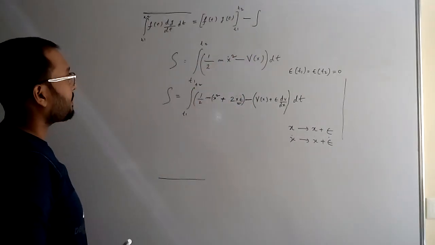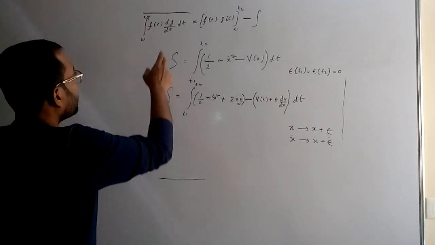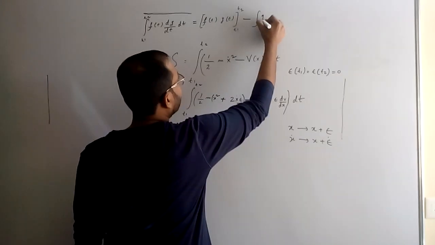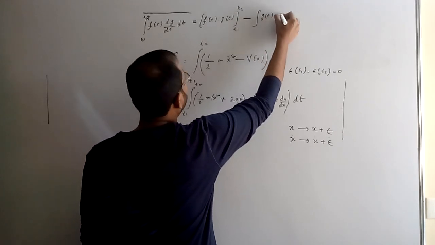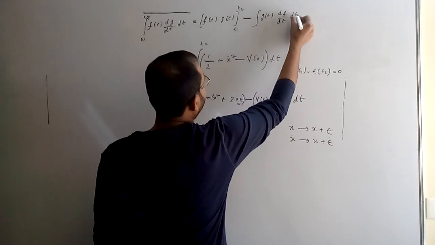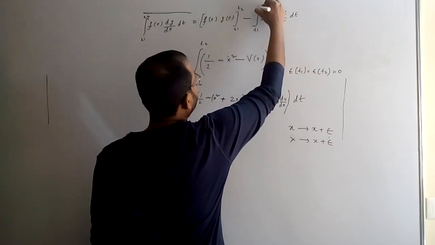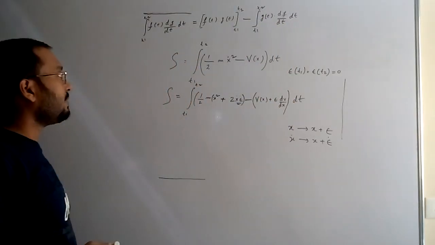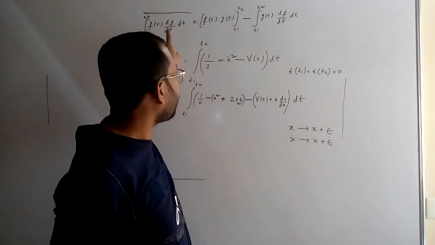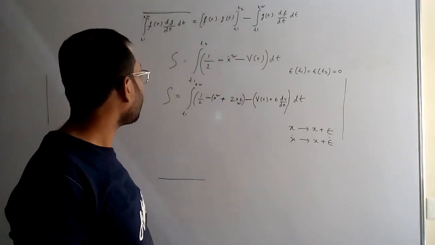The second term is very easy to remember. You just flip f and g. So what you get is g(t) times df/dt integrated in time between the points t1 and t2. So this is the formula for integration by parts that I'm going to use.